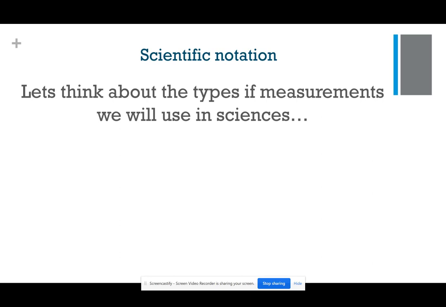In chemistry, we're talking about the size of atoms, a really, really small number, and the number of molecules in a cup of water, another really, really big number. So we use scientific notation in the sciences to help us reel in numbers, make them a little bit more user-friendly. Scientific notation is also going to help us a little bit later when we come back to the idea of sig figs.